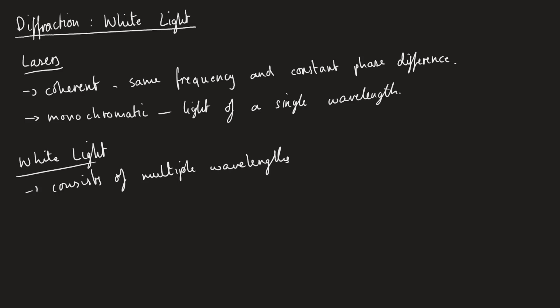That means our equations, d sin theta equals n lambda, and w equals lambda d over s, are both specific to the wavelength. So if we enter a bunch of different wavelengths, we end up with a bunch of different fringe spacings or angles that they diffract at. So we'll see a pattern that looks quite strange.